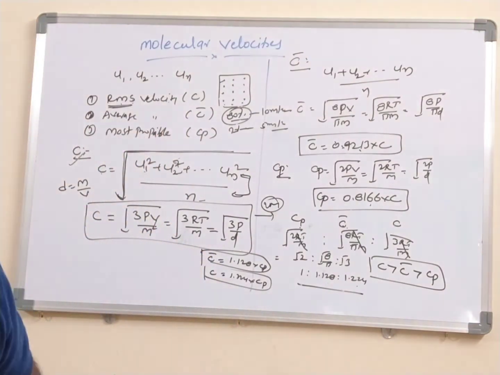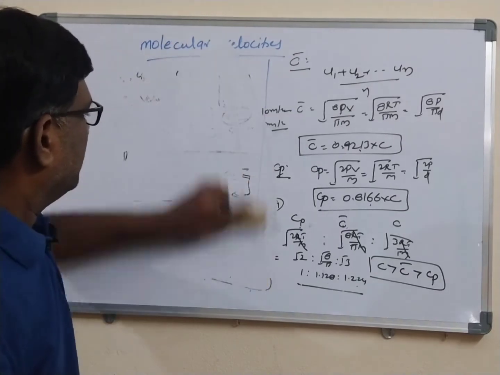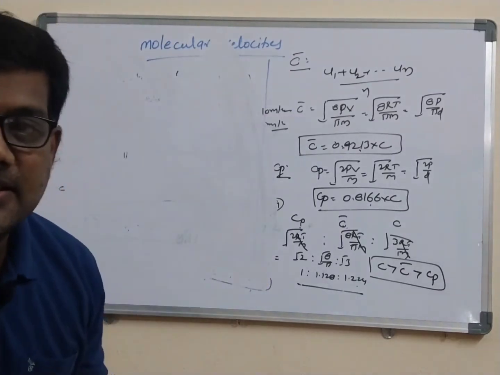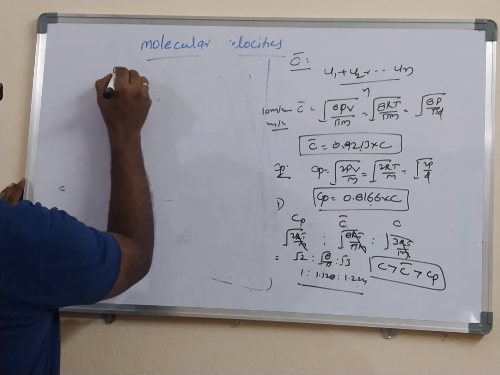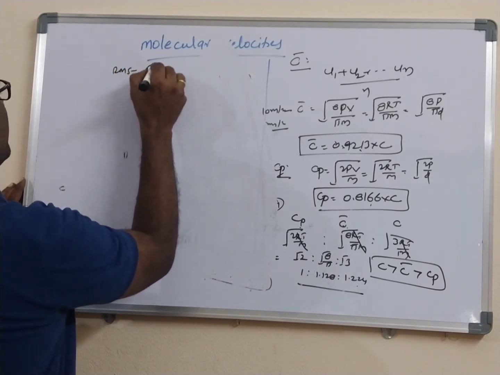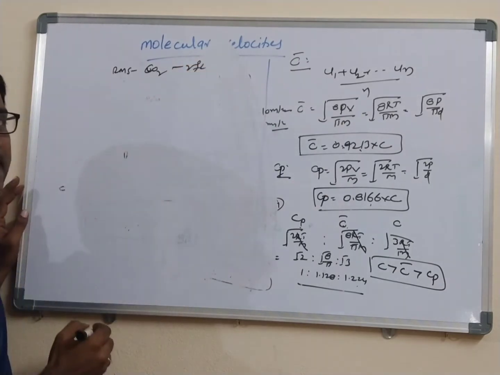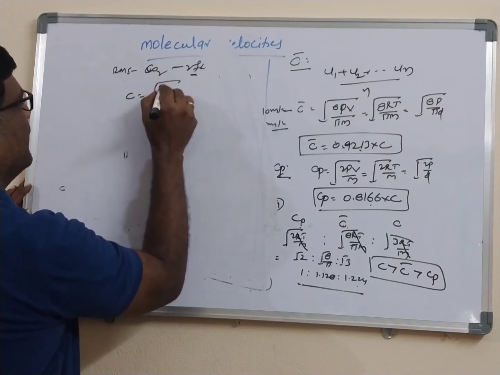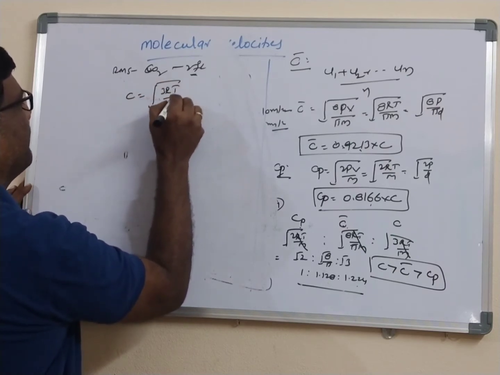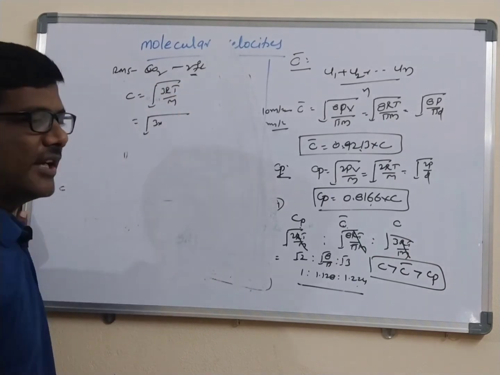Now look here, how the question arises in the MSET examination or IP examination. Calculate the RMS velocity of carbon dioxide at 27 degrees centigrade. The temperature is given, that's why C is equal to the square root of 3RT by M. Here, which R value do you have to take?